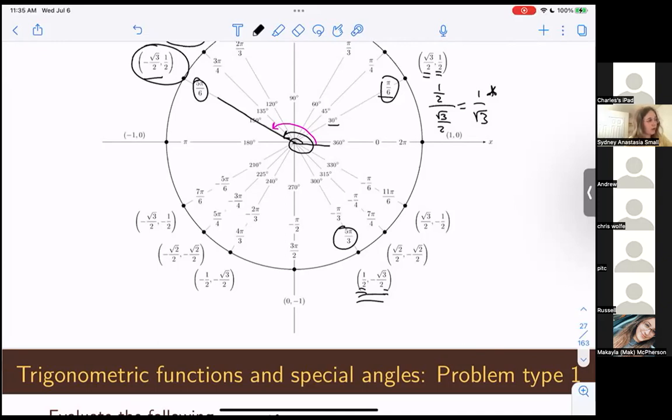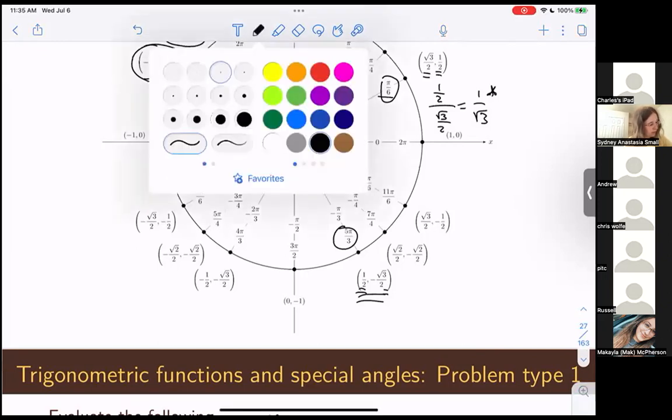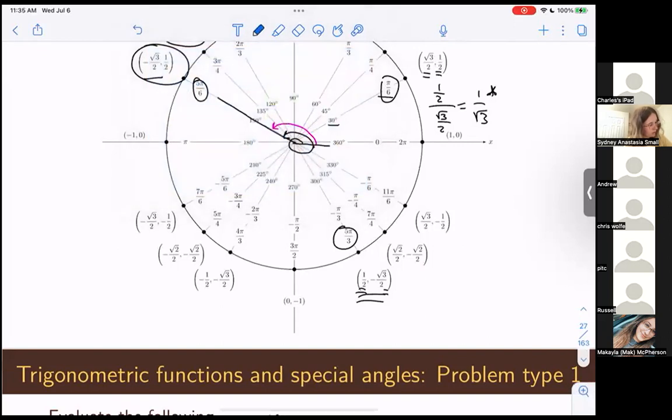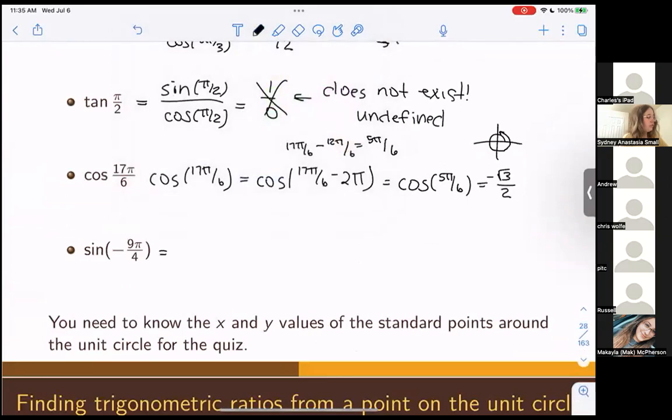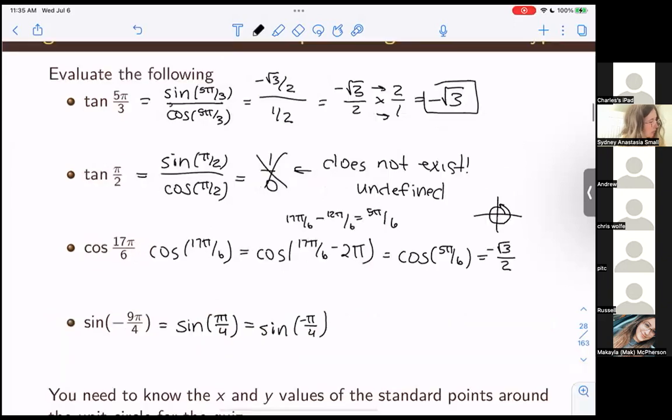So the first time going around, that would be negative 8 pi over 4, and then we would go one more and land here, which is the same as negative pi over 4 or the same as 7 pi over 4, however you want to say it. So for the sake of consistency, let's say that it's the sine of 7 pi over 4, which is also the same as the sine of negative pi over 4, depending on how you want to look at it.